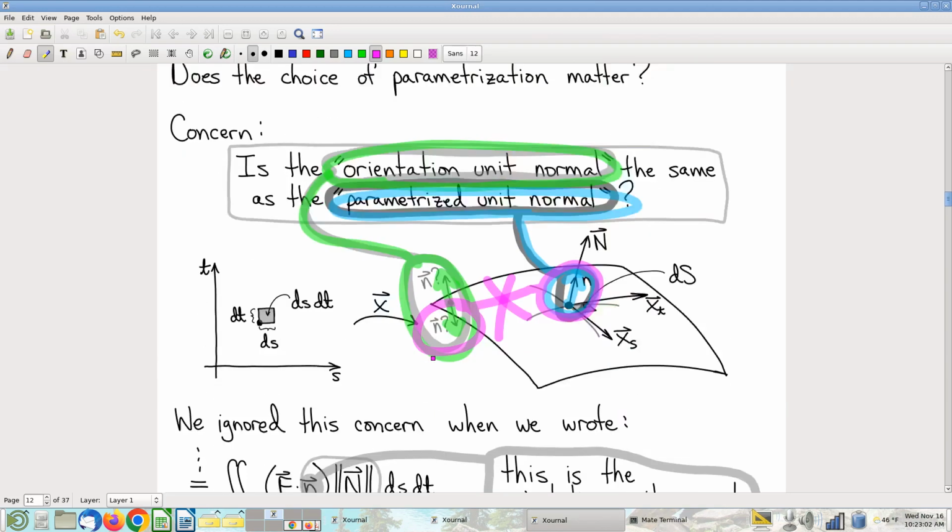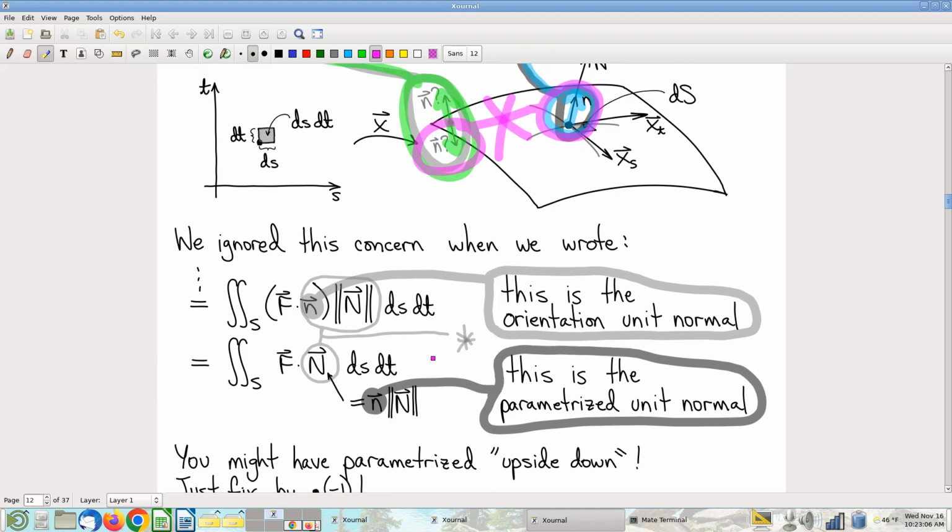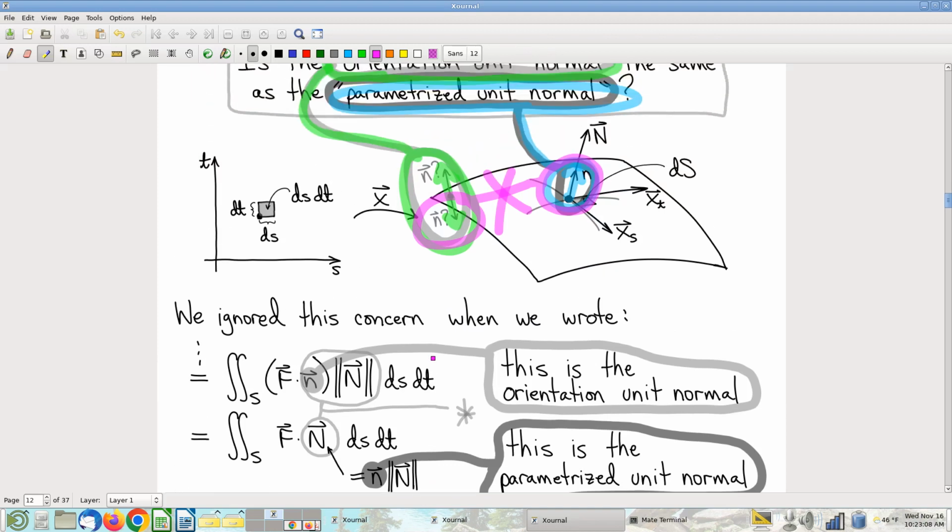I've got that fleshed out a little further down here. Here's that same equation that we had. I'll get the color coding in here. This vector, little n here, comes from the definition of flux.